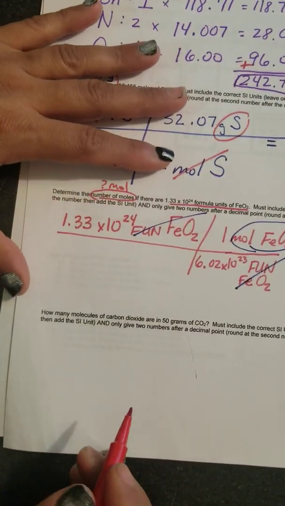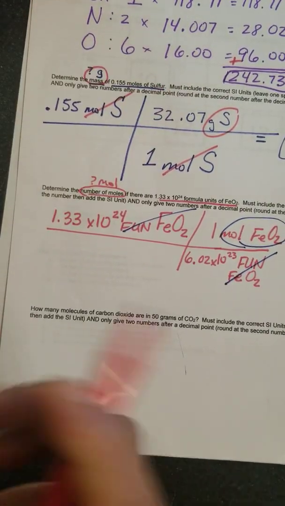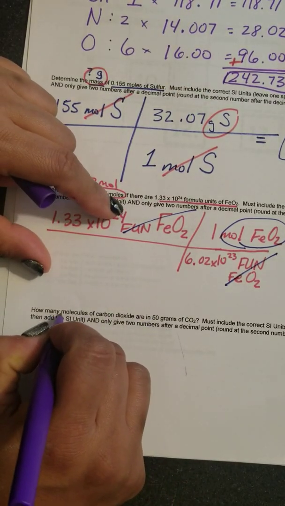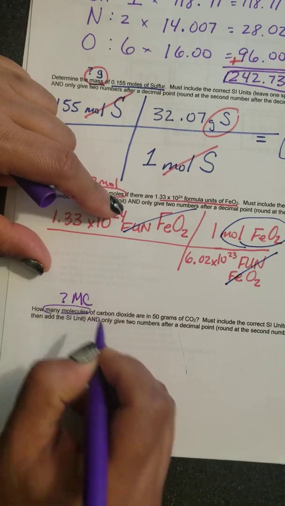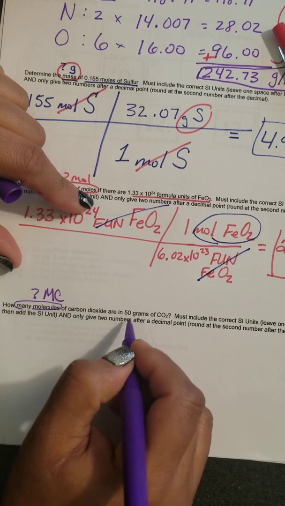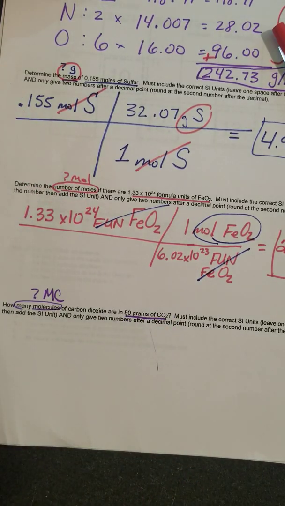One more. Okay. It says here, how many molecules, so this is what I'm looking for, question mark molecules, of carbon dioxide are in 50 grams of CO2, carbon dioxide.